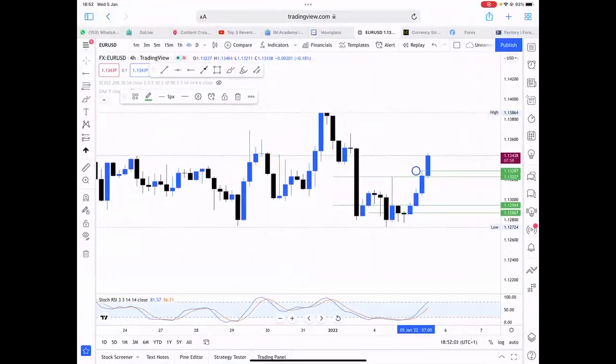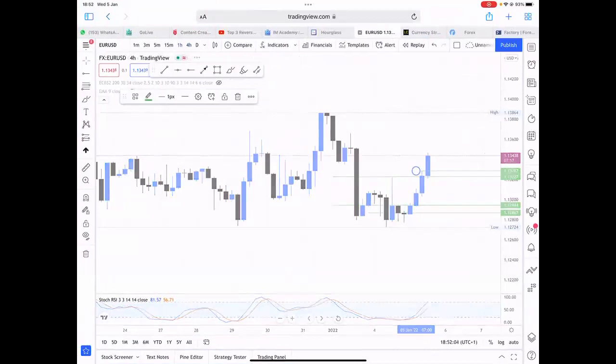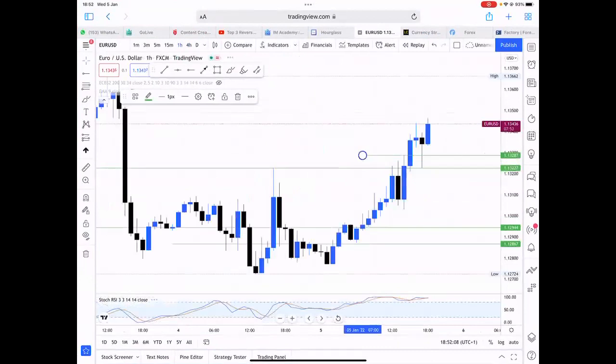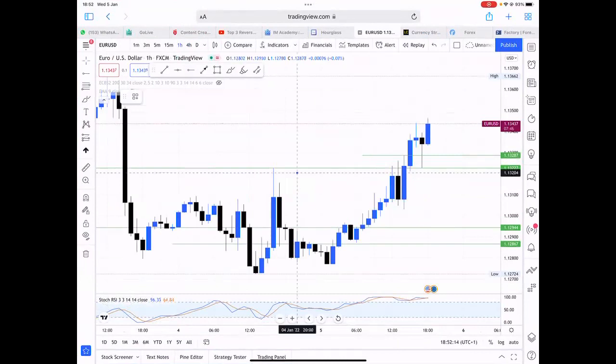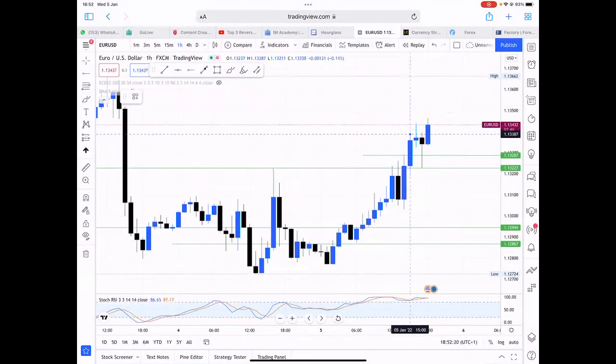On the 1 hour, let's go. 1 hour, you are looking for a stronger area of value. 1 hour, you are looking for the closest resistance. Closest resistance that has the most amount of touches. Like now, this is a resistance.